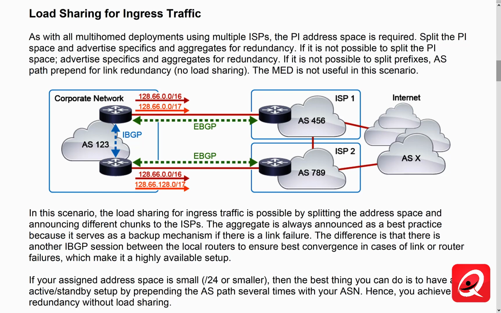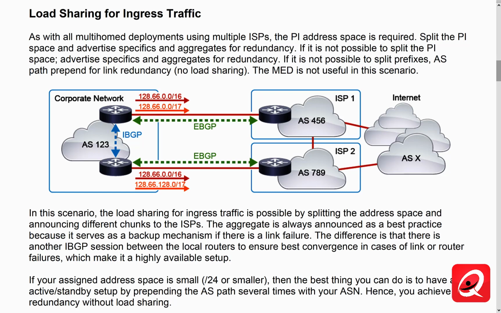We split the network, at least logically, so it appears that we have 2 different subnets. We simply advertise those prefixes. And then for the inbound side, again, we can apply different attributes to influence how we leave the network for those destinations. So it's really no different in this case than what we saw previously.